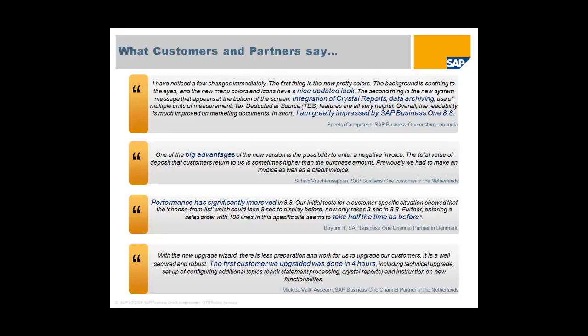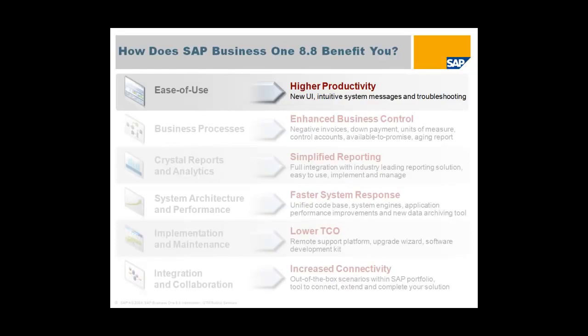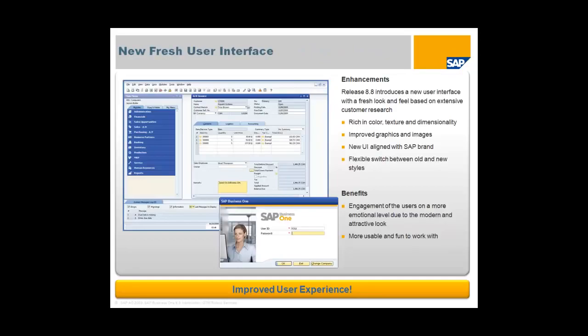So let's go and look at it in more detail, and let's look at this issue of higher productivity and ease of use. We've delivered a fresh new user interface, and some of the enhancements there include this user interface that has been based on extensive customer research. We've made it more rich in color, texture, and dimensionality.